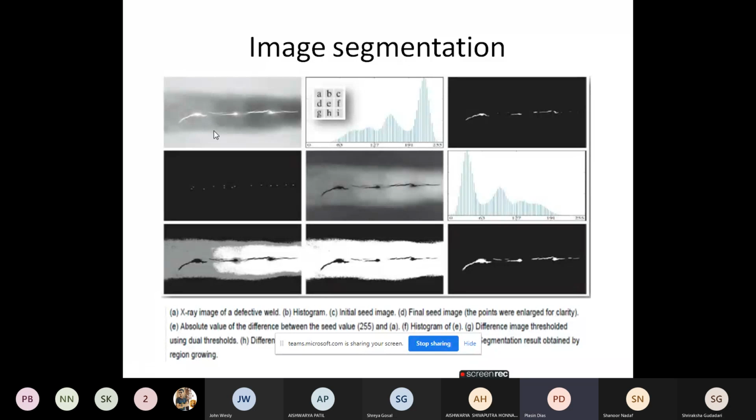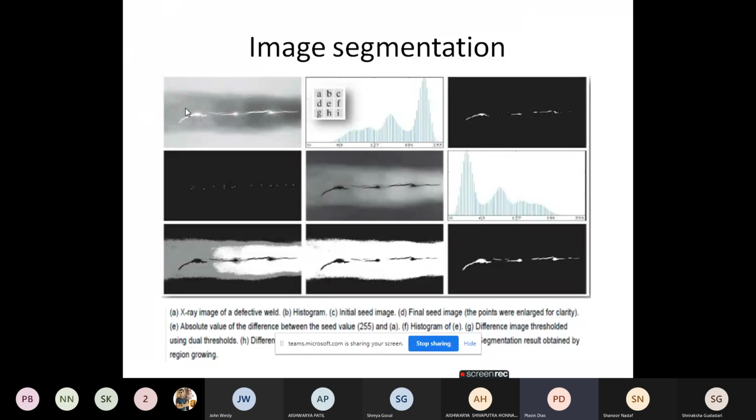Please see here. You have an 8-bit X-ray image of a weld, which has a horizontal dark region containing several cracks and porosities.